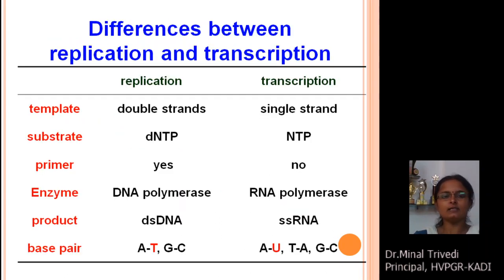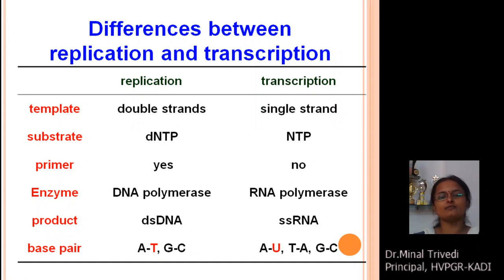Whereas, if we look at the differences between replication and transcription, you can see that in replication, the parental DNA gets separated and both the strands of DNA act as a template. Whereas in transcription, as the RNA is single-stranded, only one strand of DNA acts as a template.